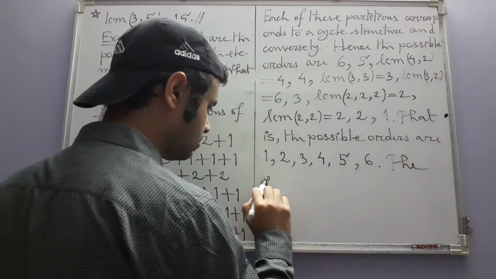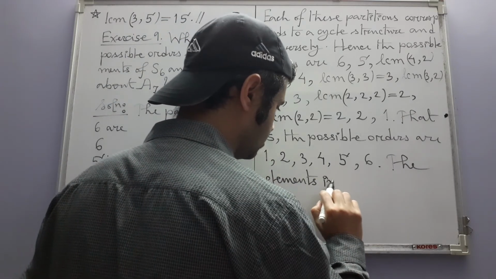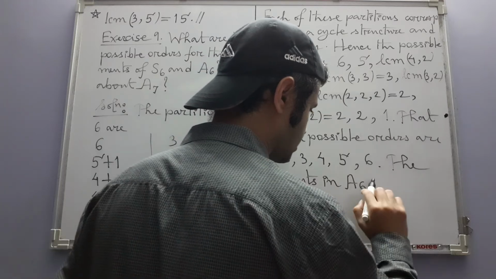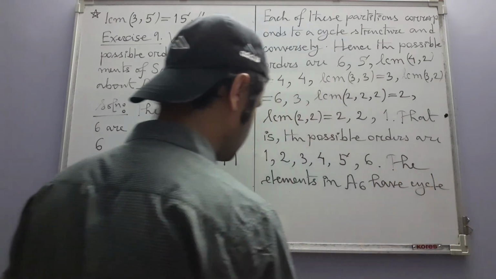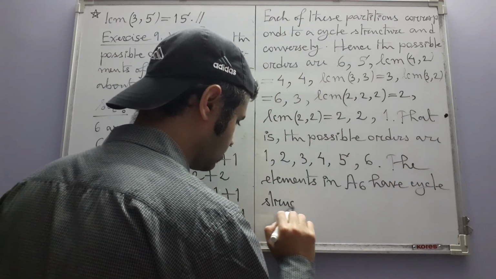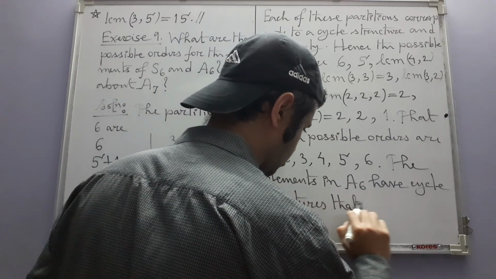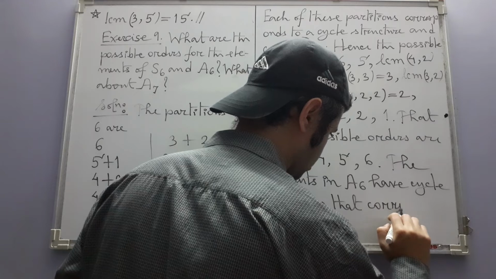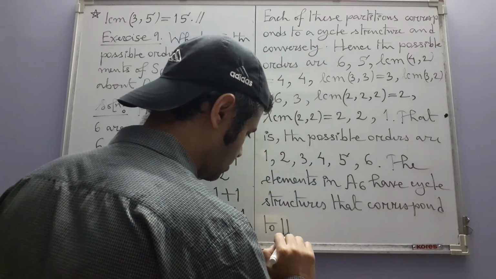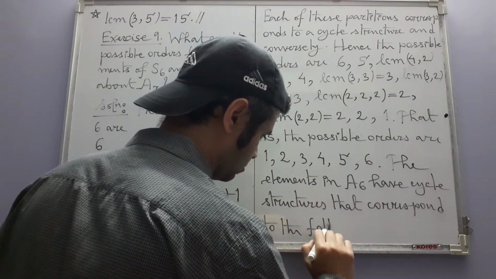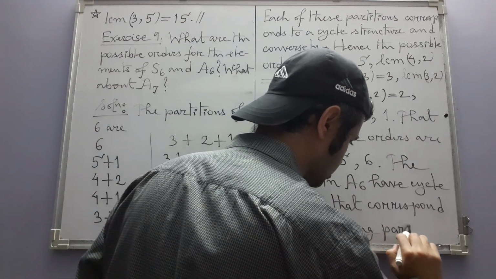The elements in A6 have cycle structures that correspond to the following partitions.